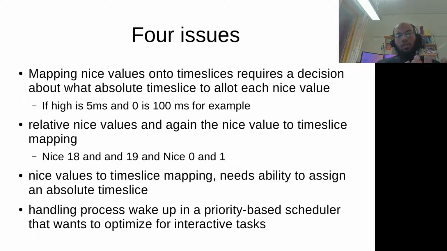And when waking up, it's much easier to say that this process has never run, has had 0% of the share of the processor, than to keep track of how long this process has run on the processor. Because you can have a counter that says, okay, I have spent 100 milliseconds on the processor since I started.